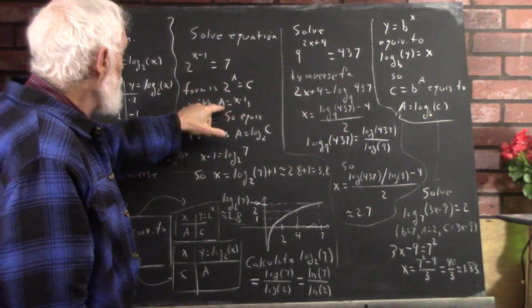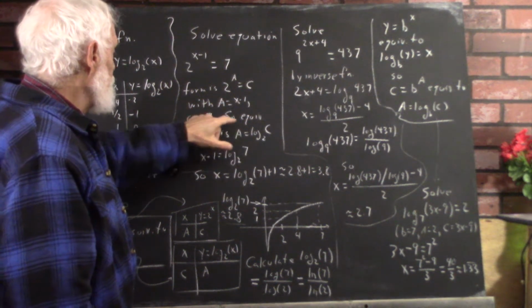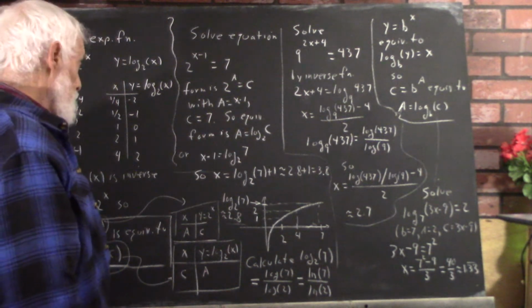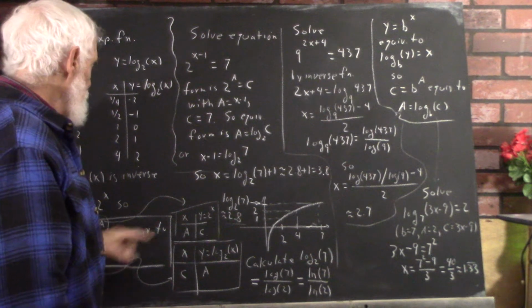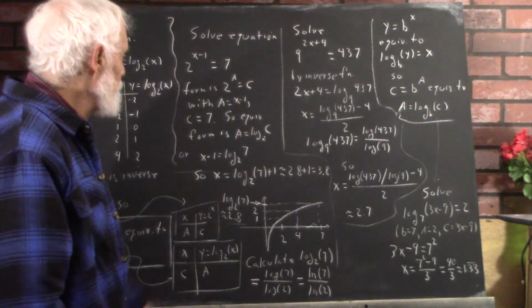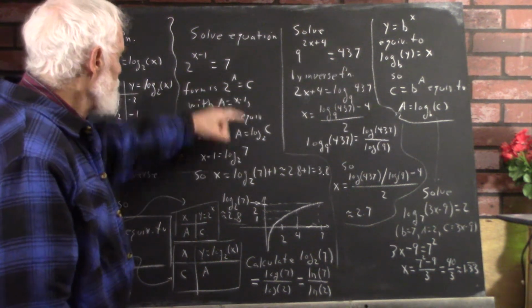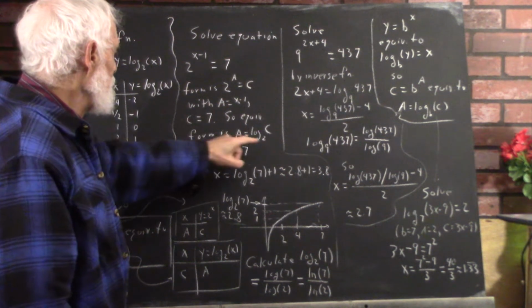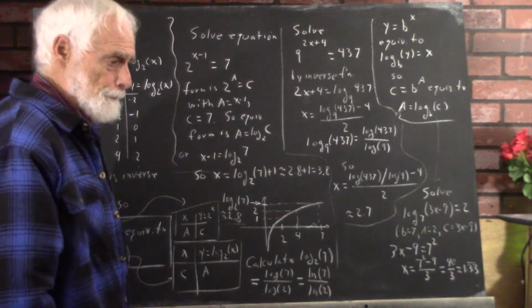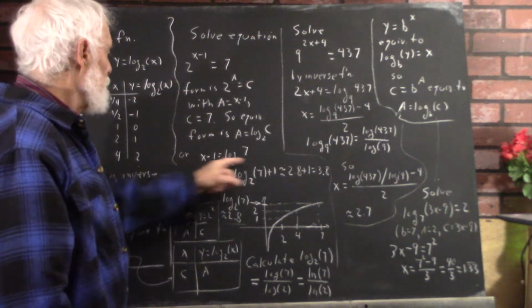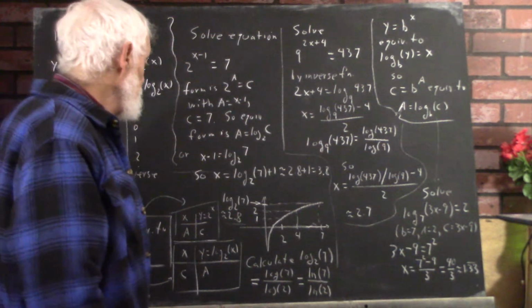Okay, well, there's a and there's c, so that's equivalent to this, where a goes here and c goes here. The form a equals log base 2 of c. So if a is x minus 1 and c is 7, you get x minus 1 equals log base 2 of 7. Well, that's an equation that's very easy to solve.